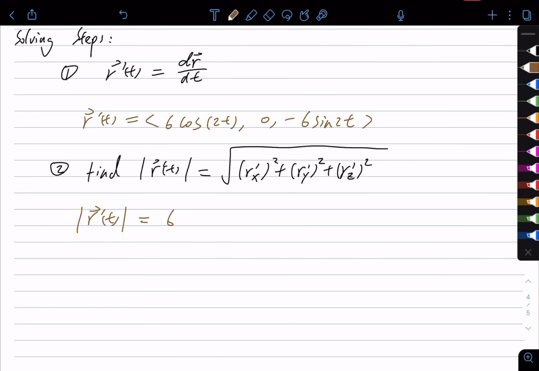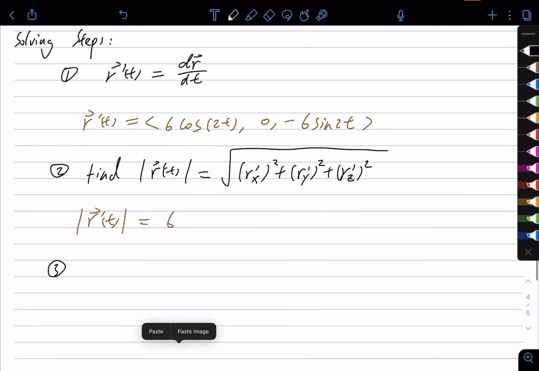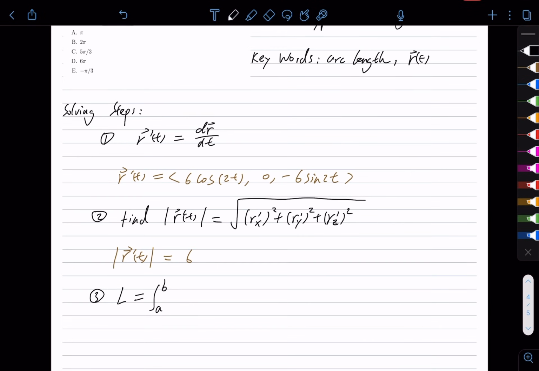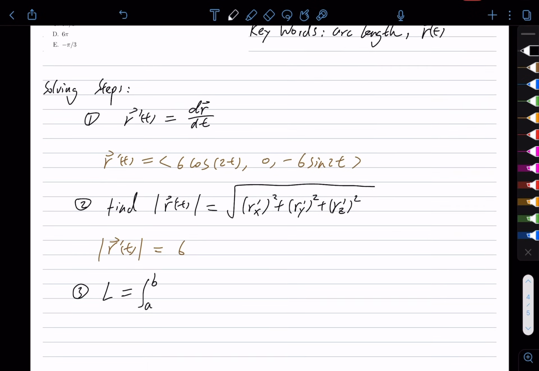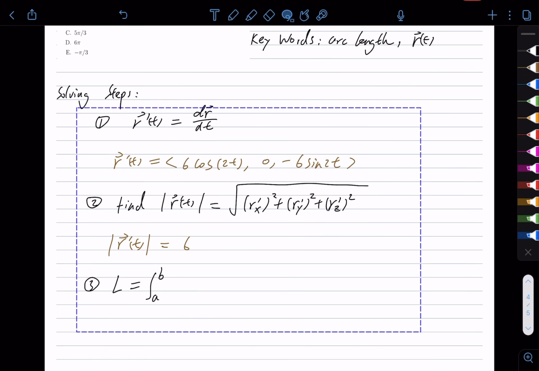Well, finally, to find the length of curve, the arc length, we're going to plug into the equation, which is L equals integral from a to b. Well, actually, we're going to identify the a and b first. So I'm going to put it at step 0.